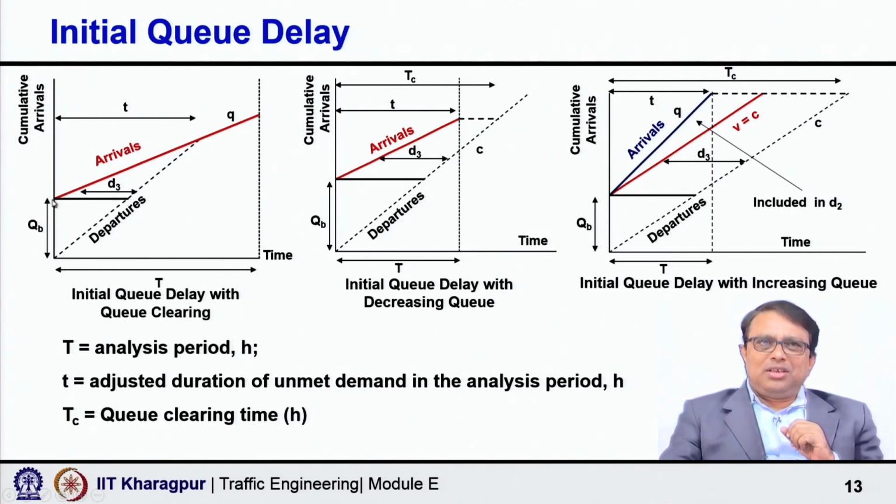Obviously, since there are Q b vehicles, D 3 is the additional delay, right, because these Q b vehicles need to be discharged. All these Q b vehicles will get discharged after D 3 seconds. So, D 3 is the additional delay in this case.